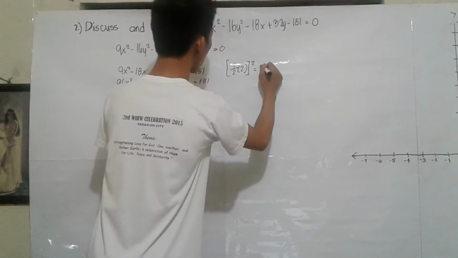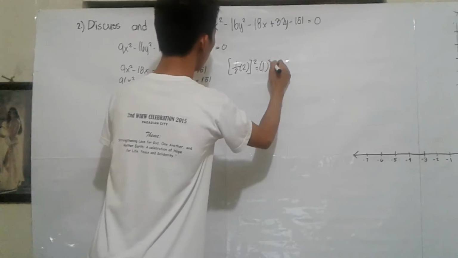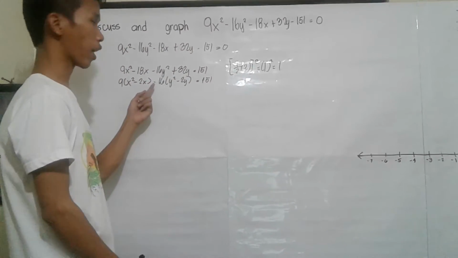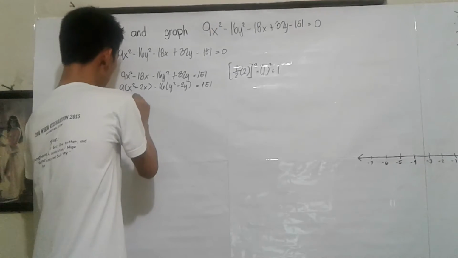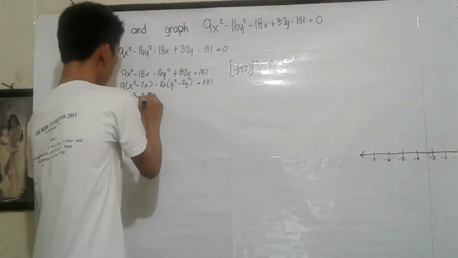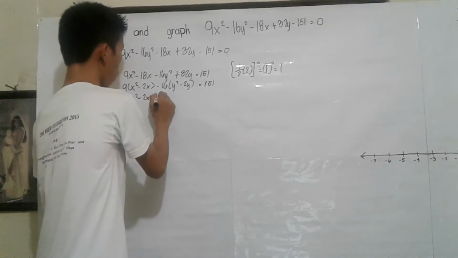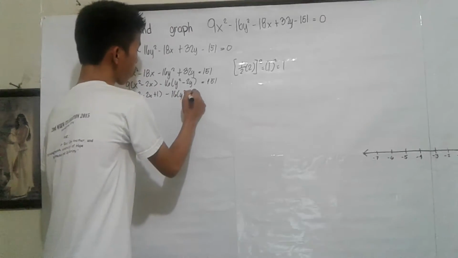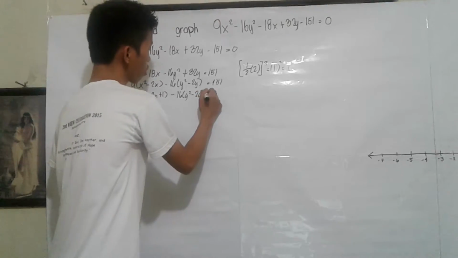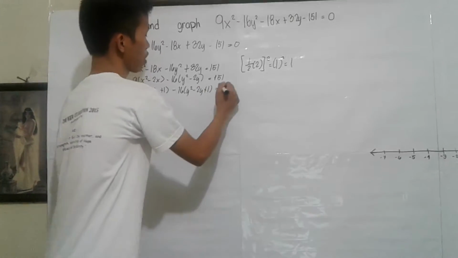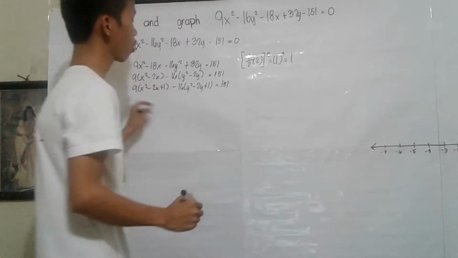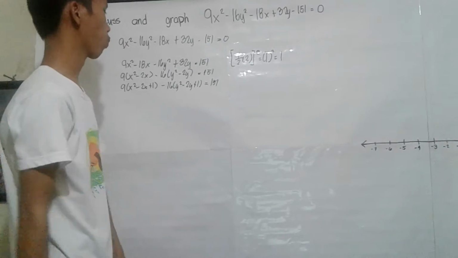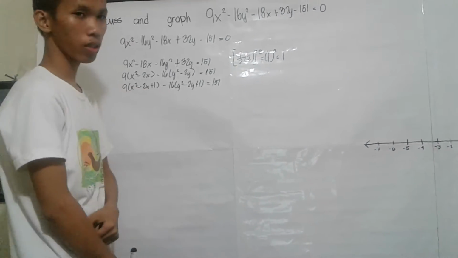So 1/2 of 2 is 1, squared is 1. So it will be added: 9 times x squared minus 2x plus 1, minus 16 times y squared minus 2y plus 1, is equal to 151. What will be added here will also be added in 151. So 9 times 1 is 9.